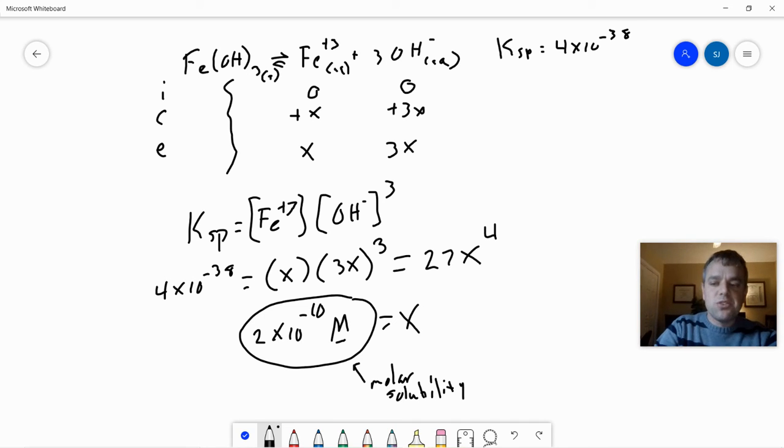It's how many moles of iron(III) hydroxide will dissolve in a liter of water. It's also our Fe3+ concentration, and the hydroxide concentration would be triple that value. So that's how you would do a simple calculation like this.